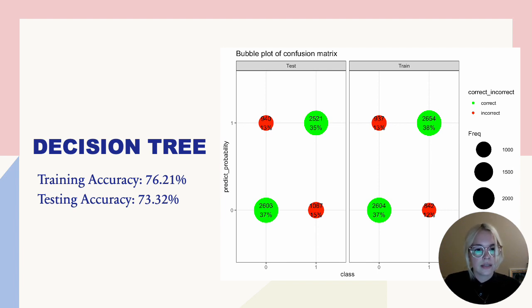So if we're looking at the test data set, we have 37% classified class equals 0 and predicted equals 0. And then 35% is class equals 1 and predicted equals 1. So that adds up to approximately 73% accuracy. So it's pretty good there.